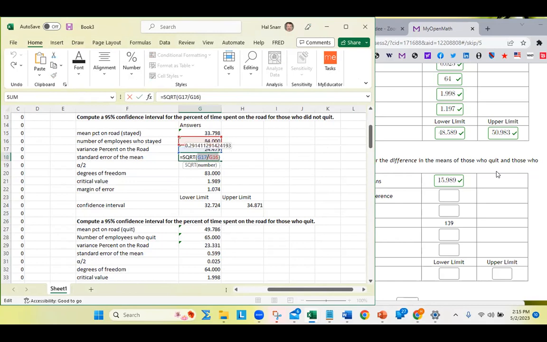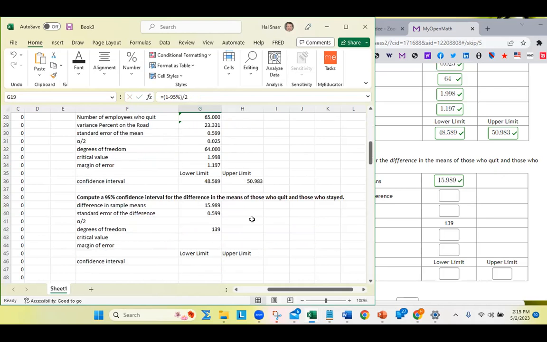Then I'm going to come down here, and inside the parenthesis, I'm going to delete that last parenthesis, and after G28, hit plus and paste.